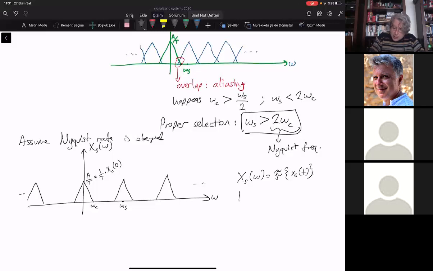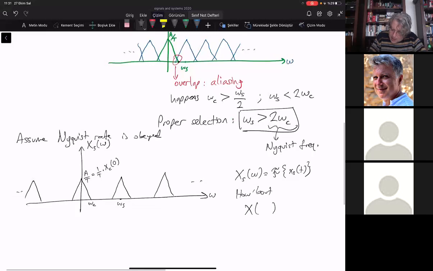Now, how about capital X of, I have to use a different frequency notation here because I am going to write it as the discrete time Fourier transform, of course, of x of n.